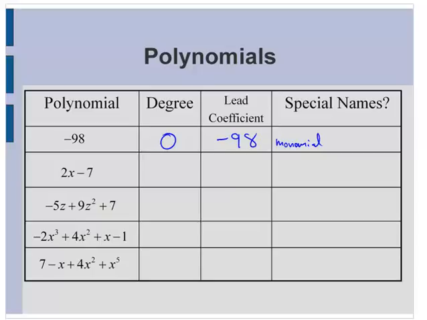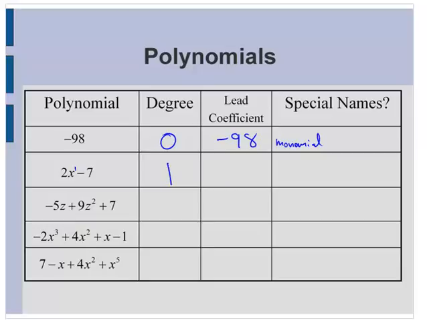Sorry, 2x minus 7. Alright, so let's consider the degree. Well, the degree of the first monomial is 1, right, because there's an x to the first. And the degree of the second monomial is 0, because there's no variable present. So the degree of the polynomial is 1.